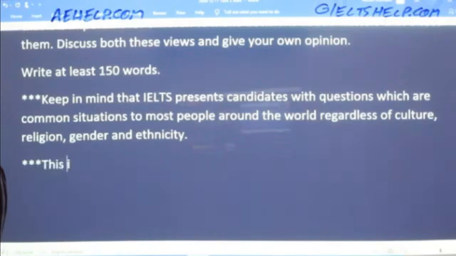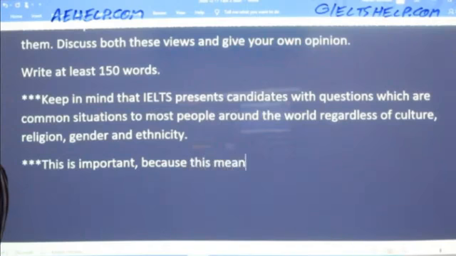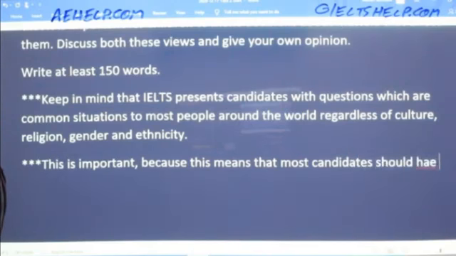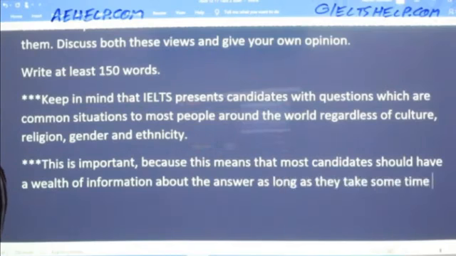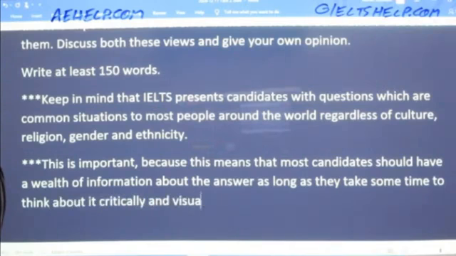Okay? Why is that important? This is important because this means that most candidates should have a wealth of information about the question or about the answer as long as they take some time to think about it critically and visualize.